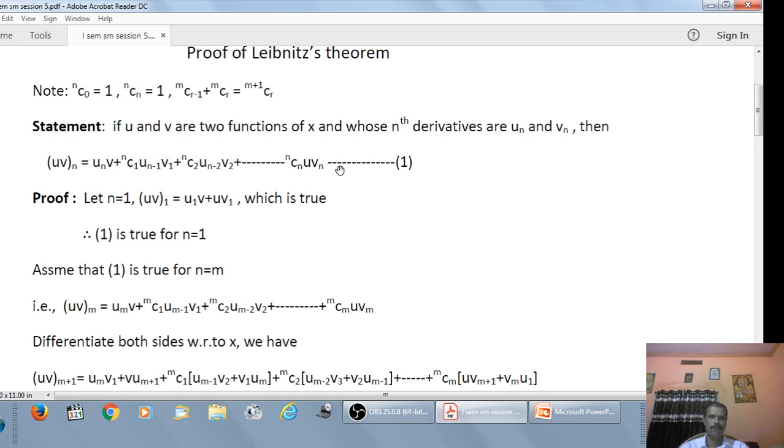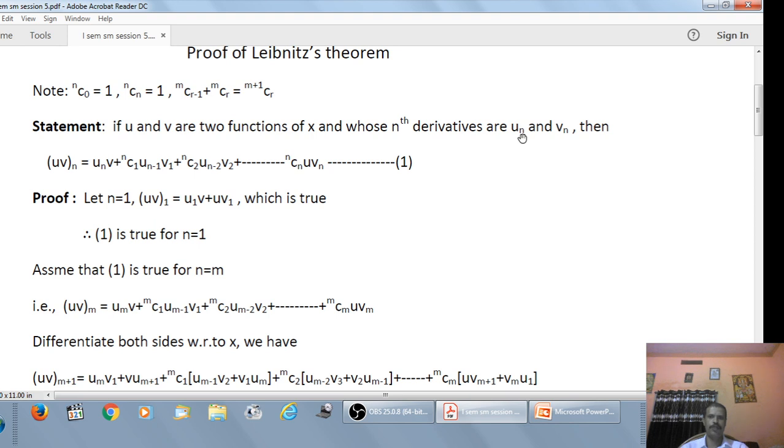For this I use the mathematical induction principle. In the PUC level we already know this rule. First, to prove the result for n is equal to the first value. Here the first value is 1.